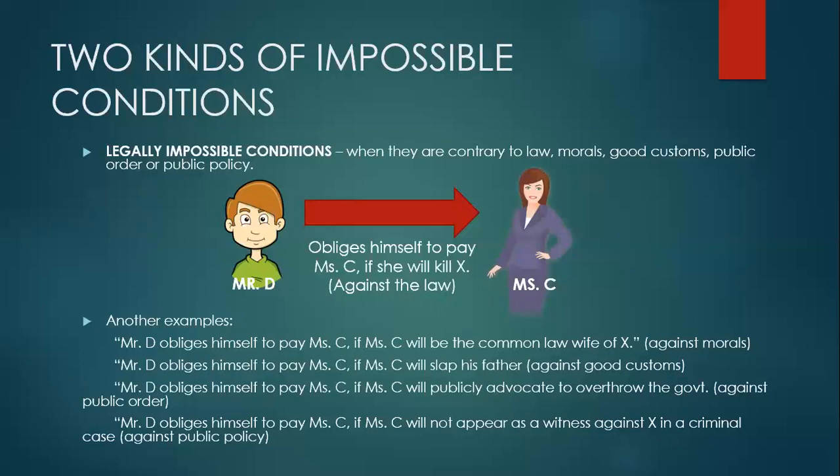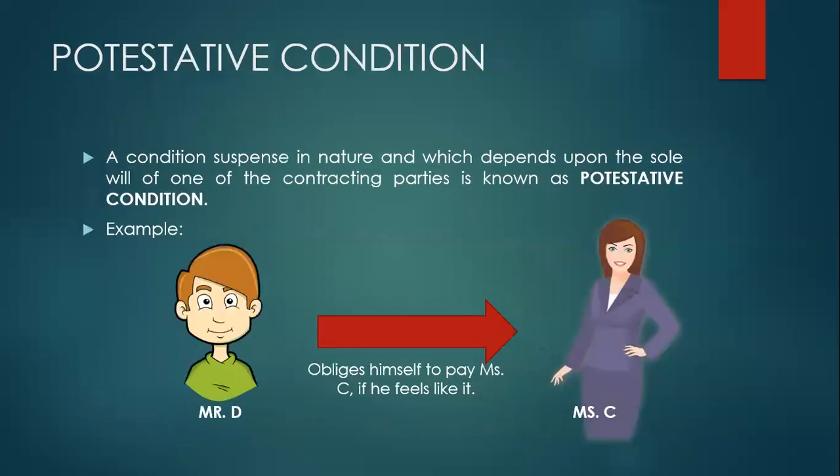So these examples given are contrary to law, morals, good customs, public order, or public policy. In effect, the creditor has the legal impossibility to comply with the condition.